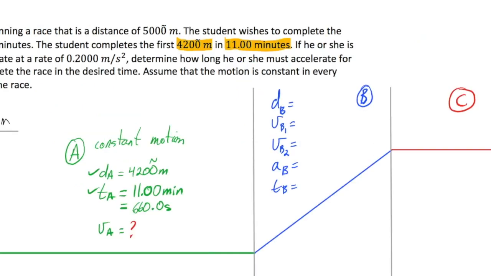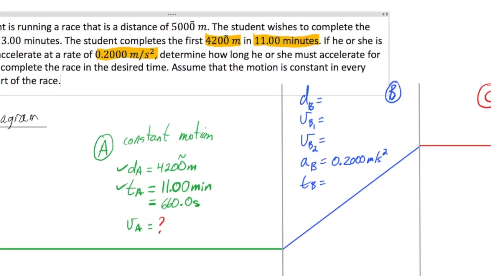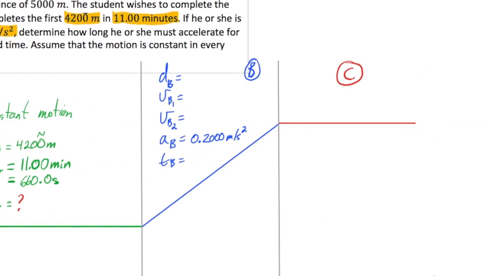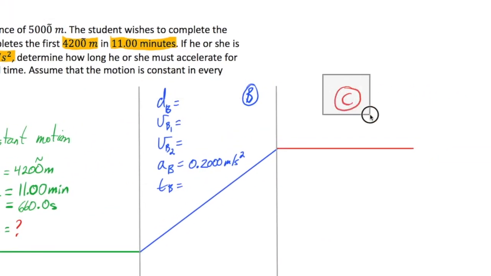So in section B, we know the acceleration is 0.2 meters per second squared. And so far, that's kind of all we know. Well, we actually know a few more things, but in terms of the information here, and I'm going to move the C over here. While we're at it, we might as well talk about section C.